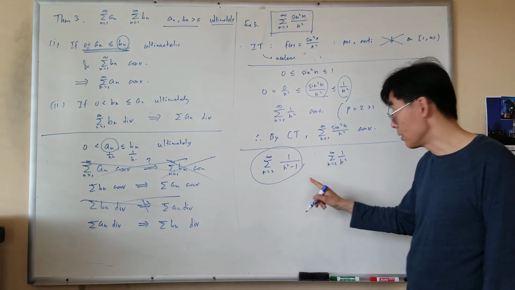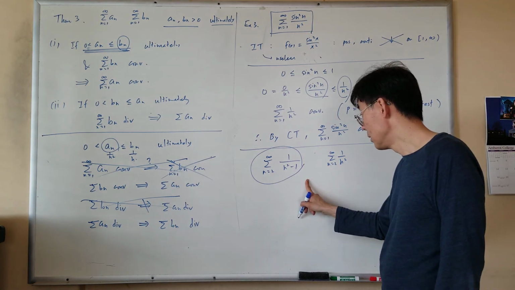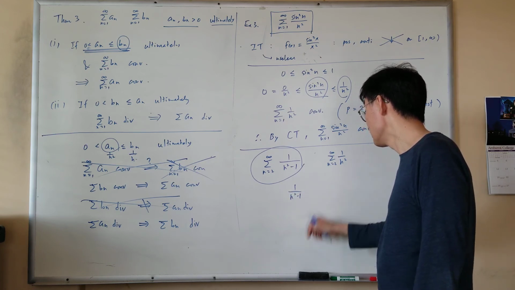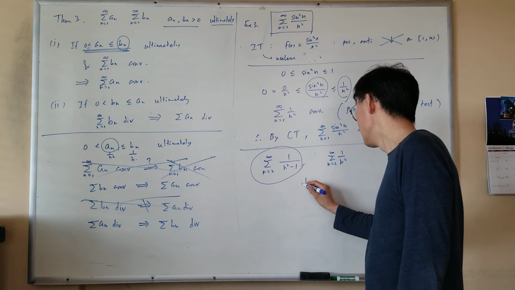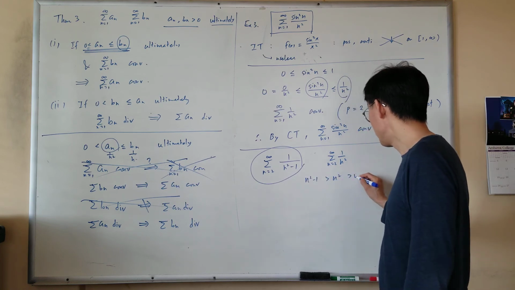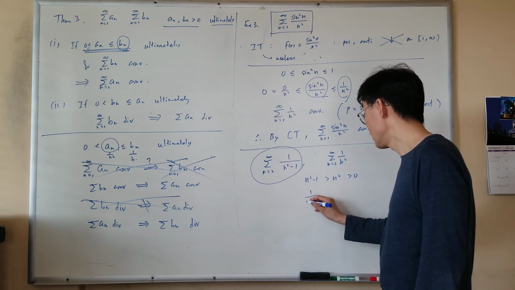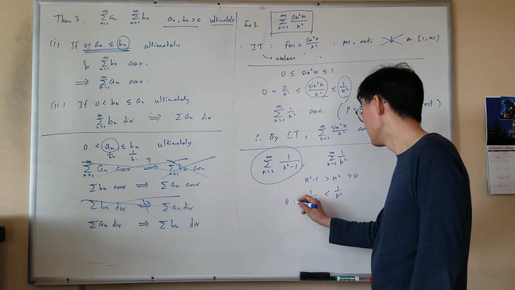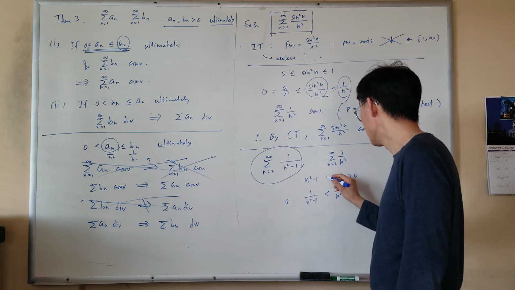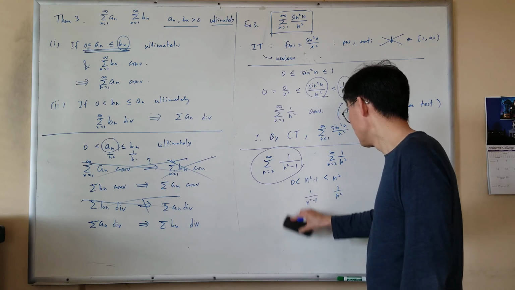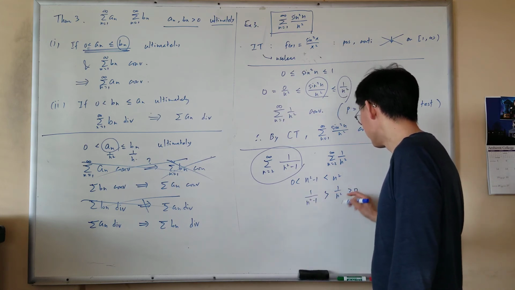The problem here is, this is not smaller. Look at this. n squared minus 1 is smaller than n squared, both positive. If you take reciprocals, then you have to switch the order. So this is larger.